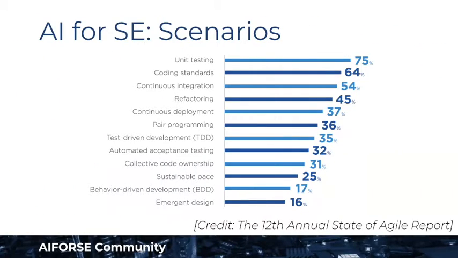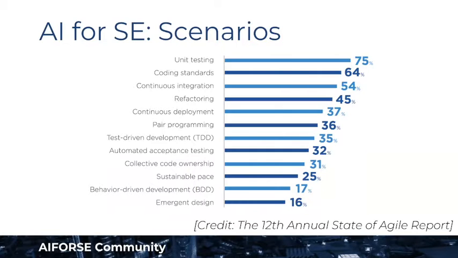A few words about how AI can be used. This is some statistics, not for AI, but on the most popular approaches and methodologies nowadays in the software engineering world for making software better, ordered by popularity, by applicability.